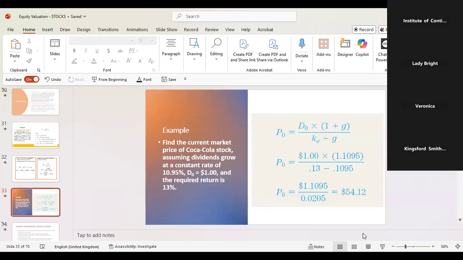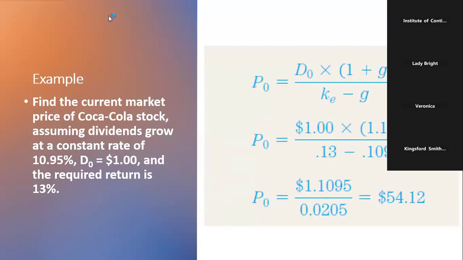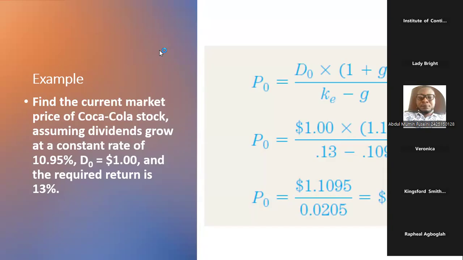Yeah, 54 is the answer. 0.2, 0.15 is okay. 53 is too far. Abdul, look at the solution. I don't know where you went wrong. Yeah, I've corrected it. Okay. Thank you. That's great.